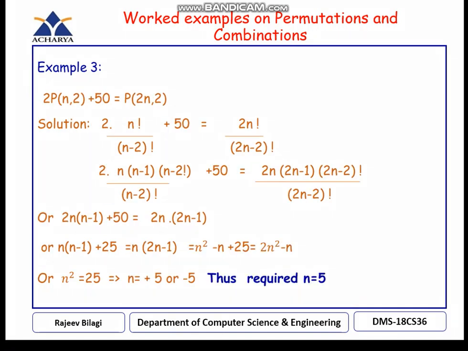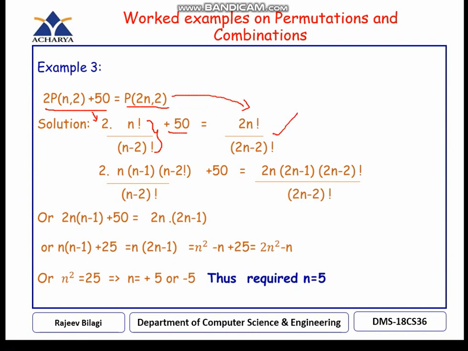One another problem: nP2 plus 50 is equal to P of 2n, 2. Equivalently, I can write this as 2 into nP2 in meaning. So that is why I have written here n into (n minus 1) into n factorial divided by (n minus 2) factorial, plus 50 I have kept as it is, and this is 2n, so 2n factorial divided by (2n minus 2) factorial.